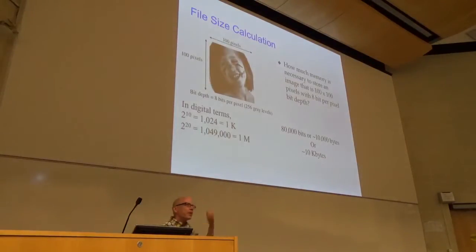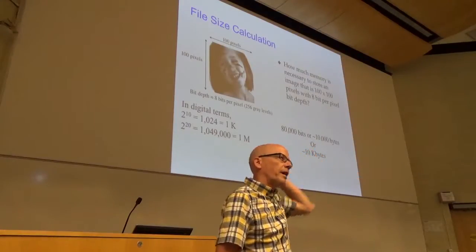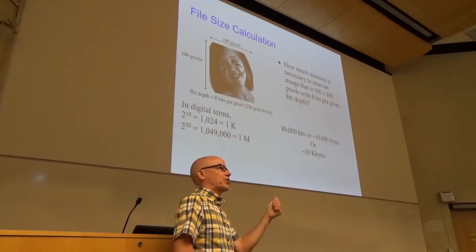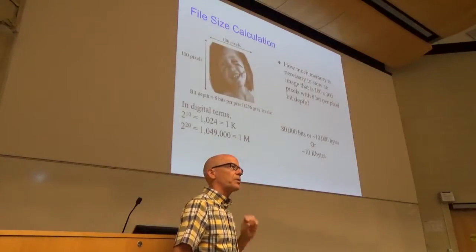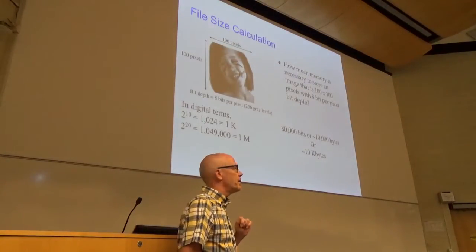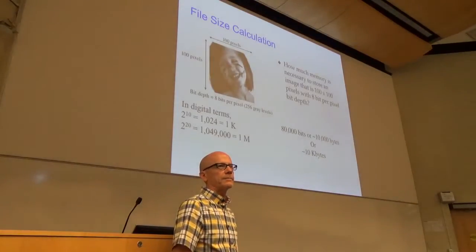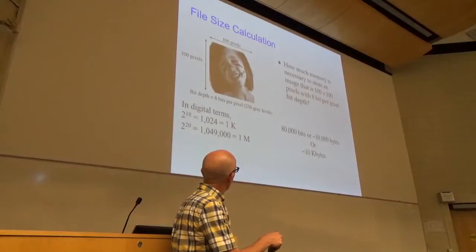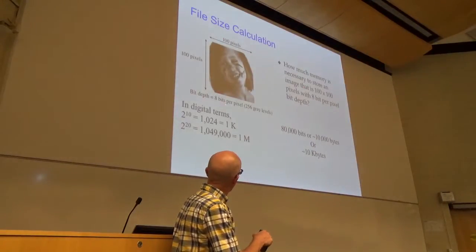And then from there, we can start to talk about file sizes. I'm going to sample, so I'm going to create a certain number of pixels, and then for each one of those pixels, I have to measure it to a particular bit depth. And so then I can start to think about what that converts to in file size. So this would be just straight up, I've got a certain number of pixels, this is 100 by 100, and it's 8 bits.